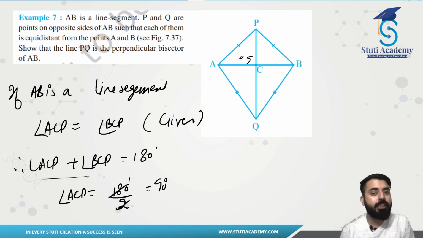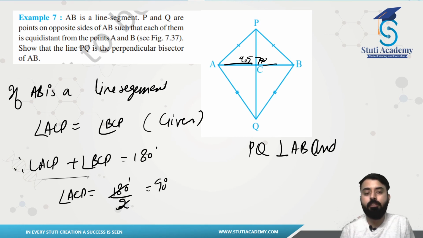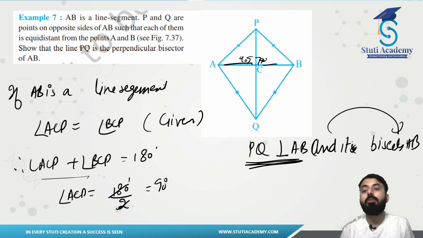So, this is 90, this is 90 and these two are equal. So, you guys have proved that PQ is the perpendicular bisector of AB. PQ is perpendicular to AB and it bisects AB too. So I hope you guys understand this and you don't have any doubt in this.